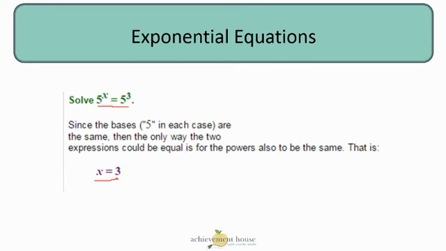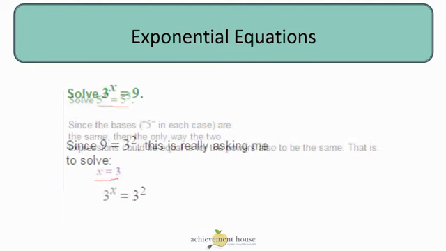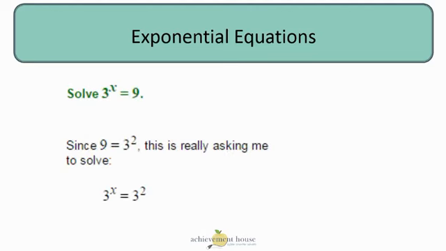And so that's kind of a simple explanation, but this property comes in handy when dealing with more complex situations. You also might find that you have to manipulate your bases in a way that will help you solve the equations. For example, 3 to the x equals 9. At first glance, it looks like, oh man, bases aren't the same, can't really do anything here.